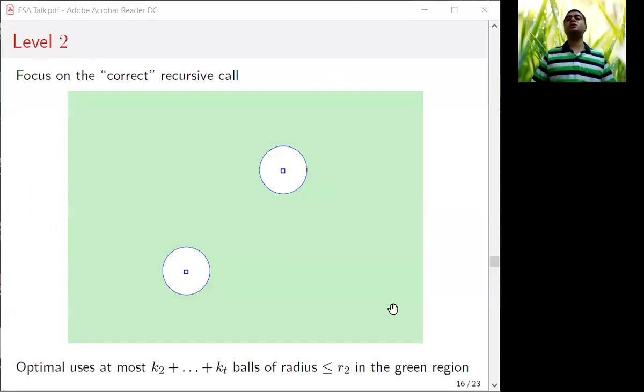How many such balls are there? There are K2 balls of radius R2, K3 balls of radius R3, and so on in the optimal solution. Overall, optimal uses at most K balls, and the radius of any of these balls is bounded by R2. This may already sound familiar to you.